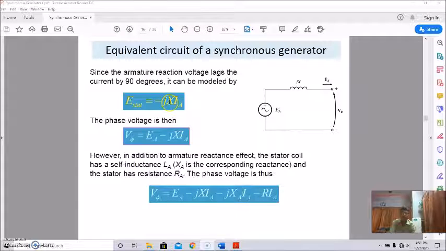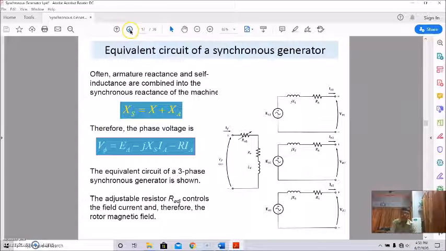If we take this into consideration, the armature reaction reactance and the armature leakage reactance together give you the synchronous reactance of the machine.